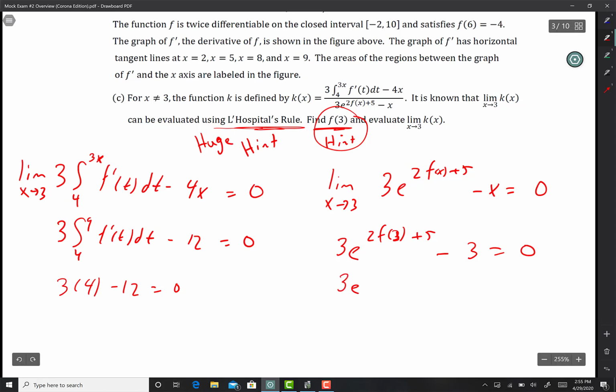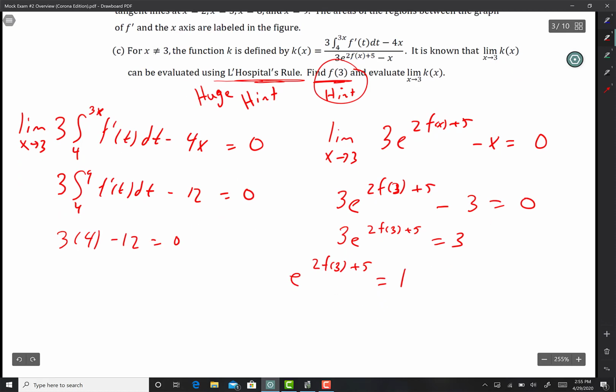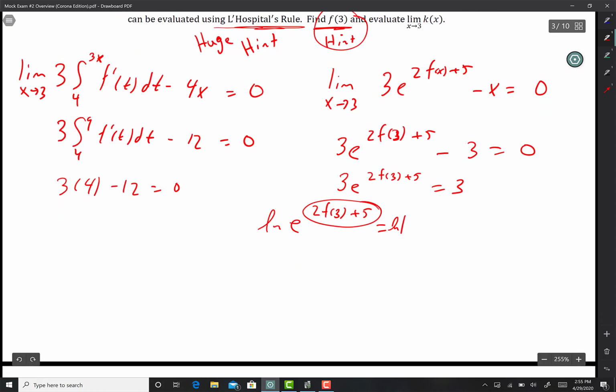Now it just becomes algebra, guys. 3e to the 2f of 3 plus 5 equals 3. Divide, so e to the 2f of 3 plus 5 equals 1. Now that it equals 1, there's an e there, so I can take ln to bring this expression down. 2f of 3 plus 5 equals ln of 1, which is 0.